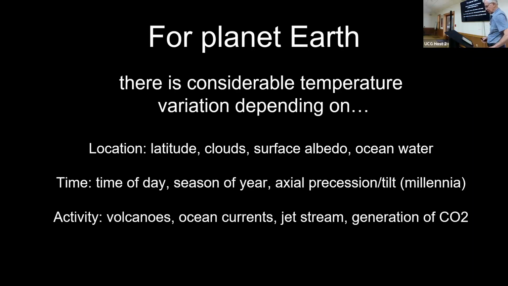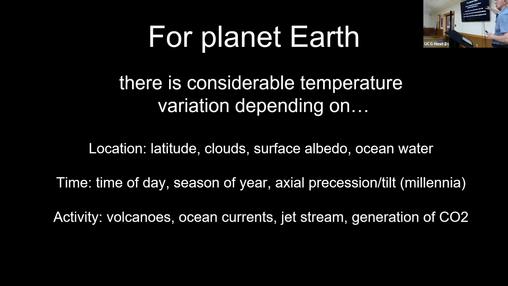There's also a lot of variation in time of day, of course, daytime being much hotter, and the season of the year. And when you look over thousands of years, we also have to consider the axial precession and tilt of the Earth. The Earth wobbles on its axis. It takes about 25,000 years every time it wobbles back to the previous position. And it also changes its tilt about every 42,000 years.